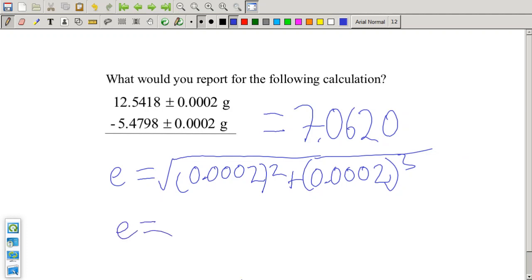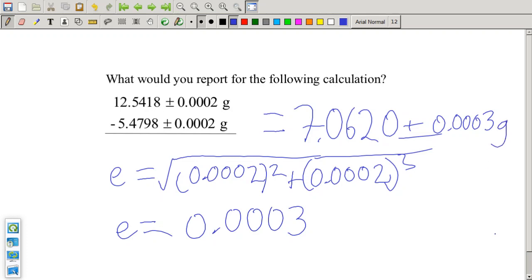And so if we do this, what do we get? 0.00028. That's correct. So we're going to round this to 0.0003. And so what we would report for this difference is 7.0620 plus or minus 0.0003 grams.